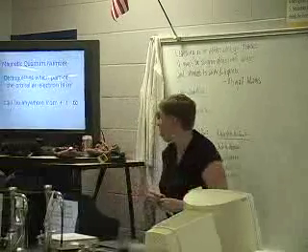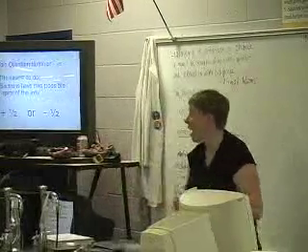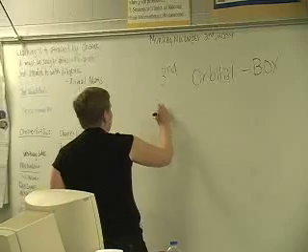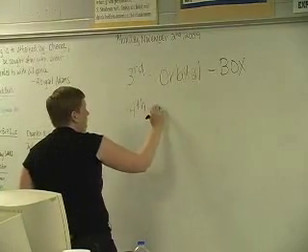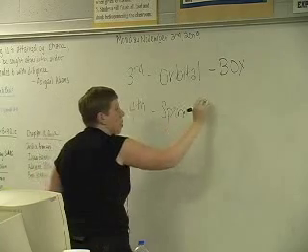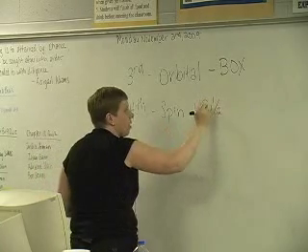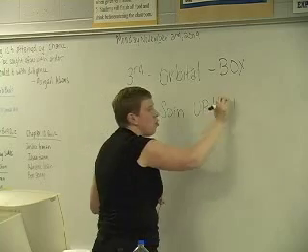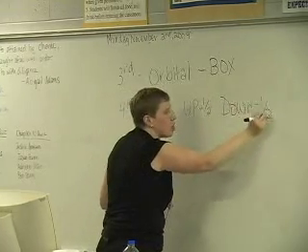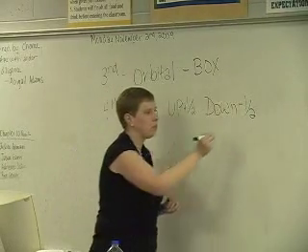Fourth quantum number, next slide. It's called the spin. It's by far the easiest one to do, and it just tells you the spin. We know there is an up spin, which we represent with a plus 1/2, and a down spin, which we show with a negative 1/2.